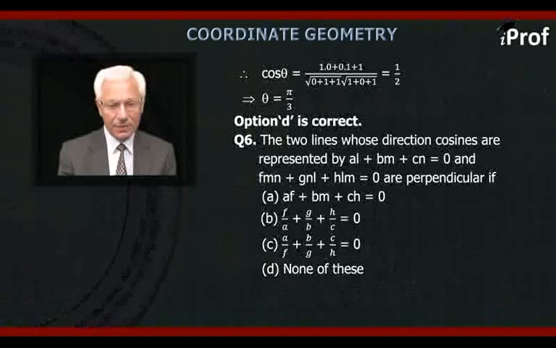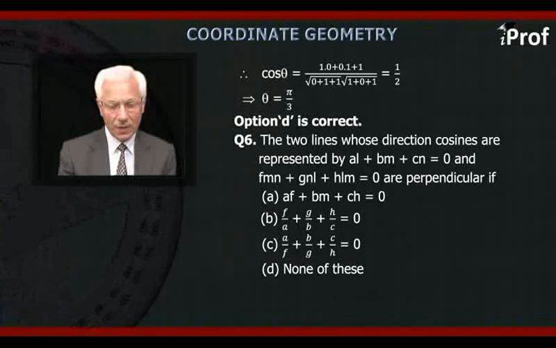Now we have to find the angle between the two possible lines. So cos theta is equal to a1a2 plus b1b2 plus c1c2 divided by square root of a1 square plus b1 square plus c1 square into a2 square plus b2 square plus c2 square.